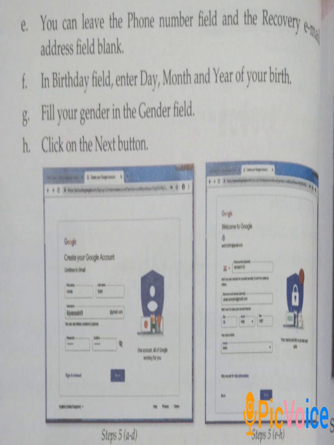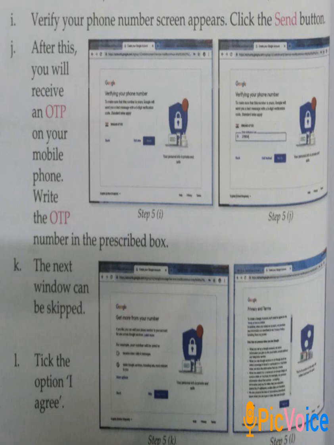H. Click on the next button. I. Verify your phone number screen appears. Click the send button. J. After this, you will receive an OTP on your mobile phone. Write the OTP number in the prescribed box.